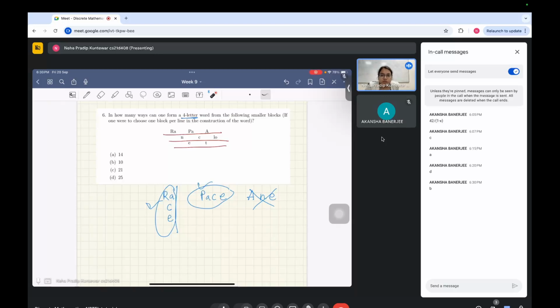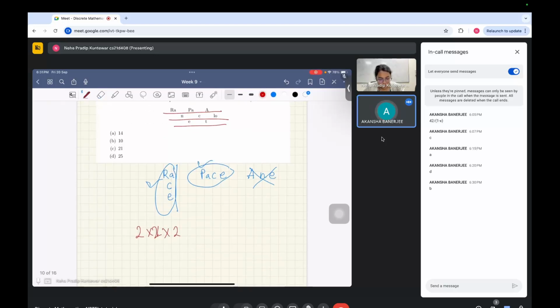Okay, so what is your idea? Maybe would you like to share? Ma'am, from the first line, there are two ways in which we can pick two letter words, plus there is one way we can pick a one letter word, multiplied by, from the second line, we can pick a one letter word in two ways and a two letter word in one way.